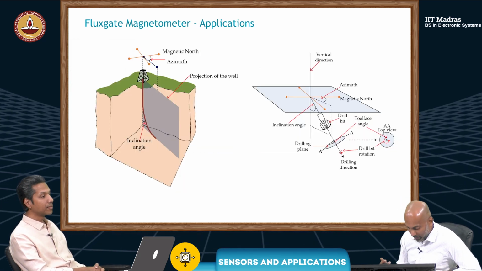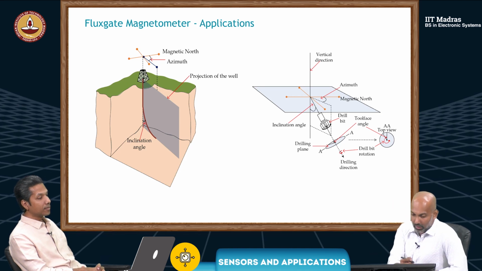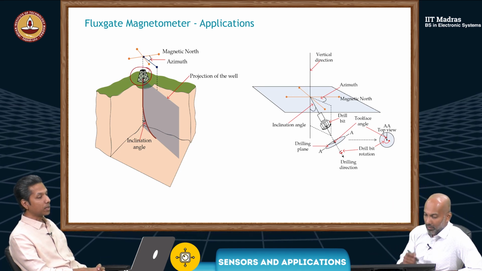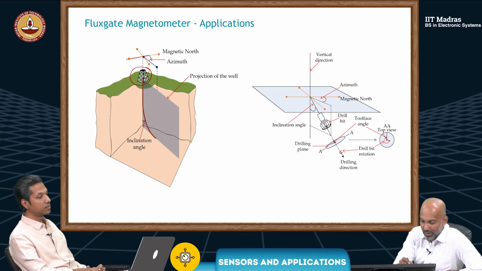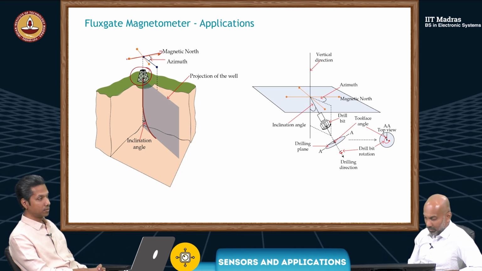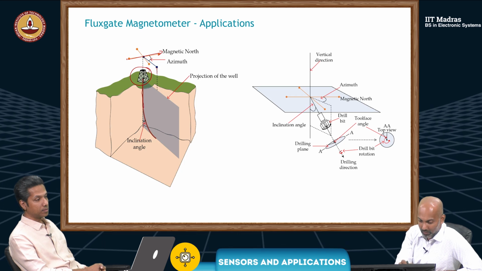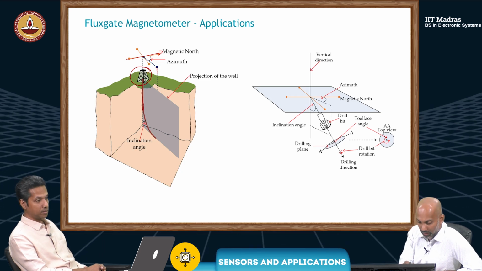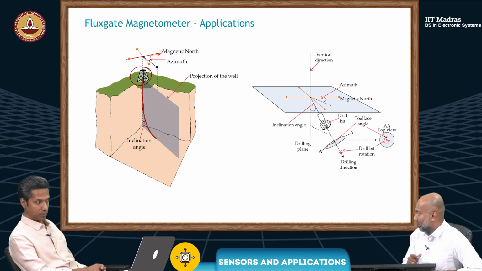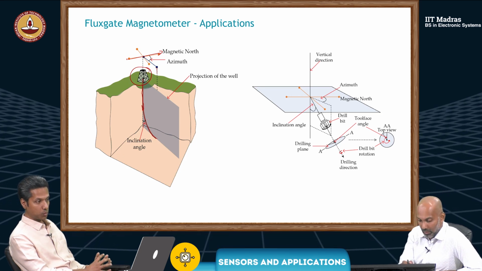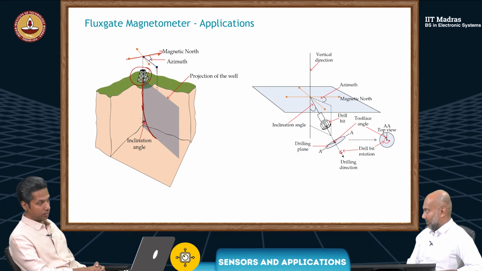Now, how we basically do this is, if this is your rig, and you know your magnetic north, and then you drill vertically and you start going in a direction at a certain inclination.